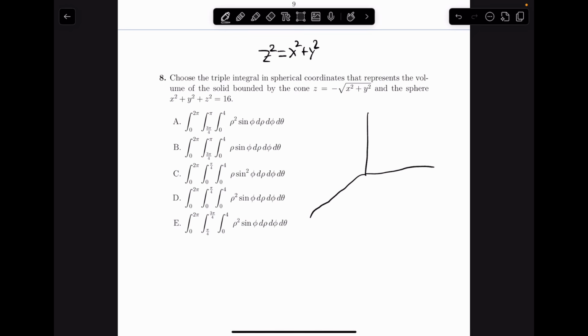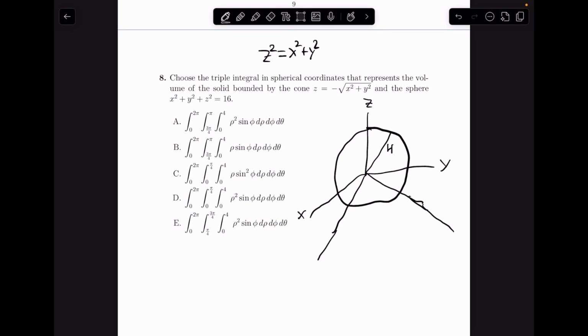So we're really looking at the negative half of this cone right here. Just labeling the axes to make it a little nicer. These extend kind of infinitely. And then we have our sphere, which is going to be of radius 4. So something like that. This is going to be 4 right here.